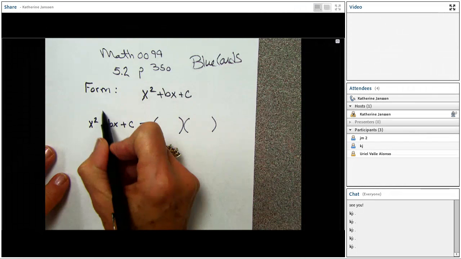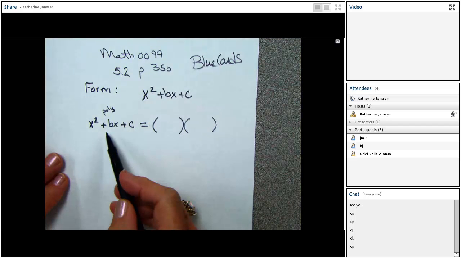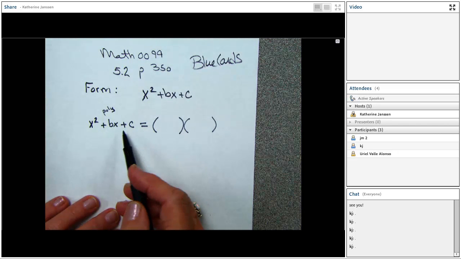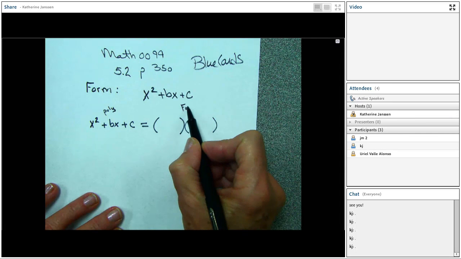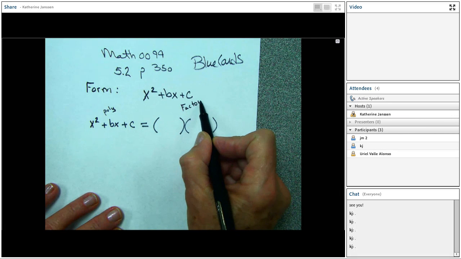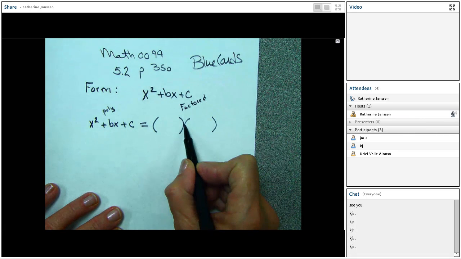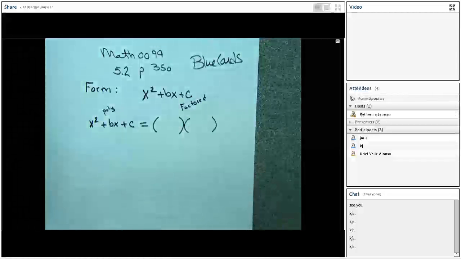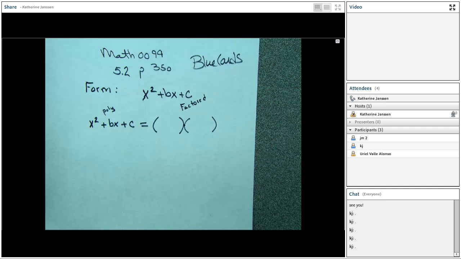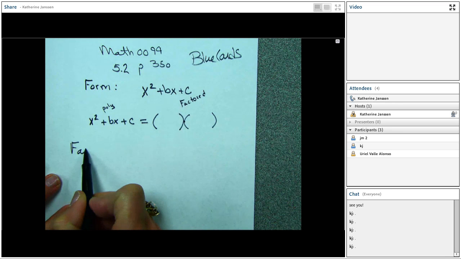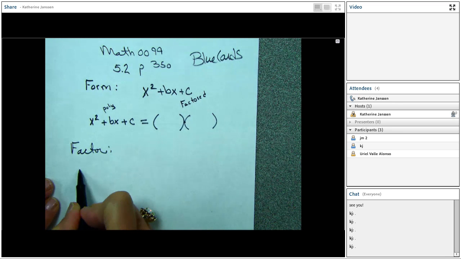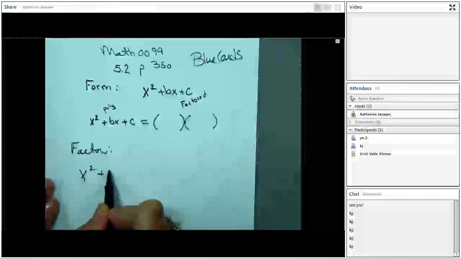Remember, this is our polynomial, sum and addition of monomials. This is our factored side. I have something times something. We're predicting a binomial times a binomial. So your directions are going to be factor, and we're given x squared plus 5x plus 6.